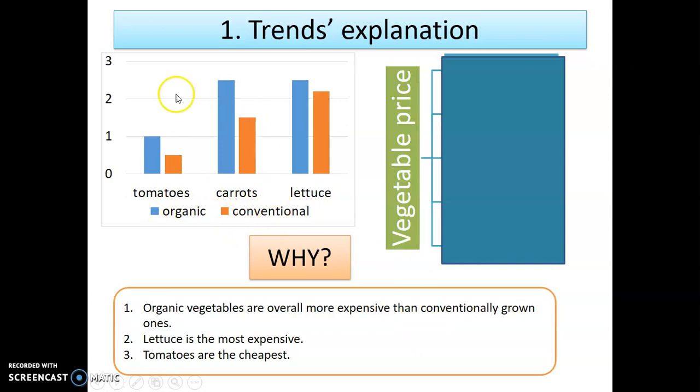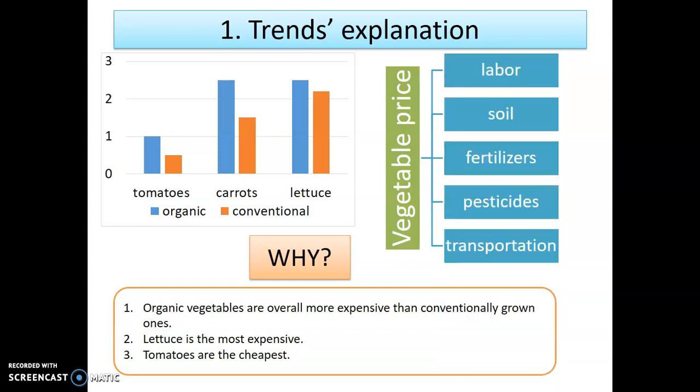If you remember, it's not clear here, but it actually shows the price in dollars per pound. You need to think, what affects the price of vegetables? How do people decide what price is given to each vegetable or type of vegetable? So what influences the price?